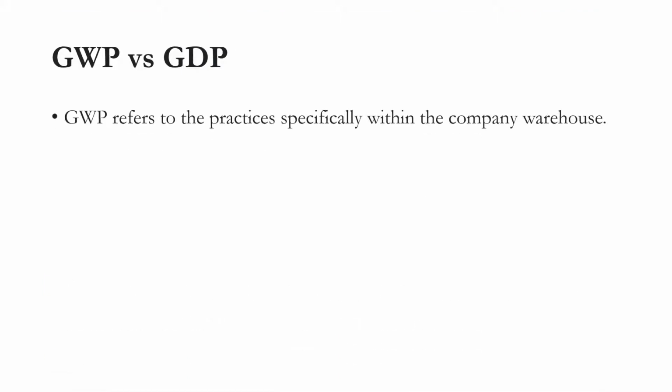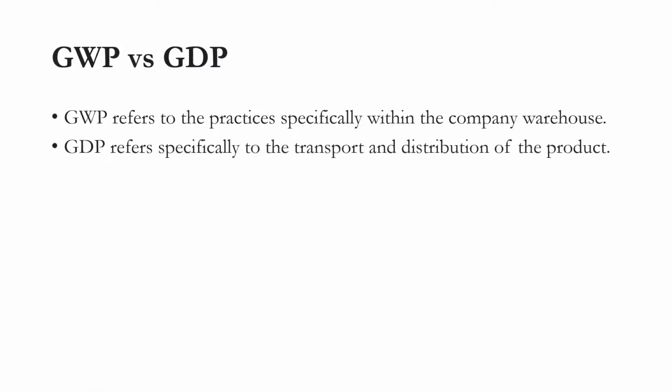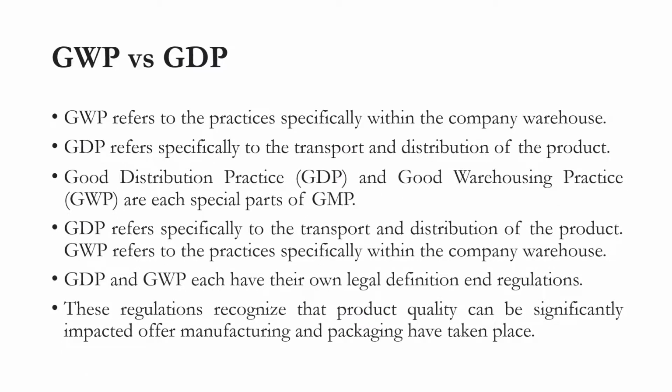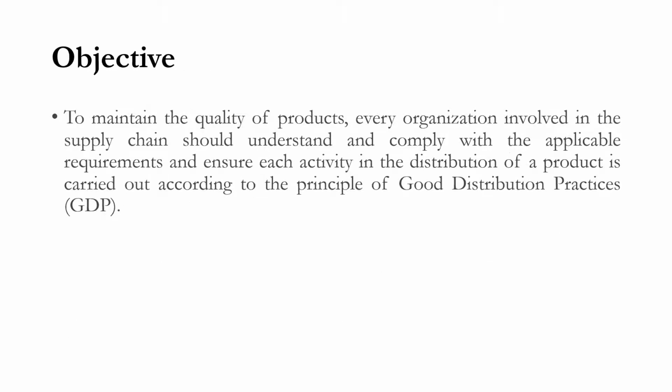So there are two things, GWP and GDP. GWP is the warehousing practices, whereas GDP is the distribution of the product, not distribution only, but transportation and distribution. So good distribution practices are there, based on storing and transportation. The objective of good warehousing practice is to maintain the quality of the product.